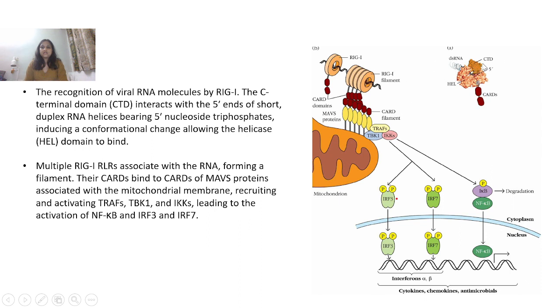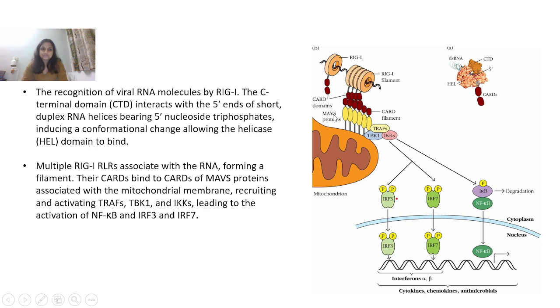This is the CTD or C-terminal domain. This is the helicase domain. This is the CARD domain. As I told, it is forming a tetramer and forming a filament. And the RNA from the virus is inside the helicase domain. This CARD domain is helping to recruit the adapter protein.